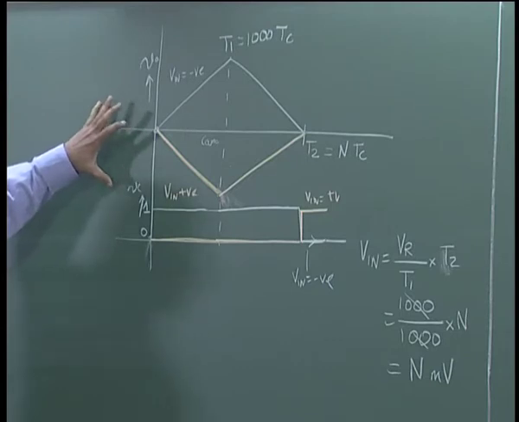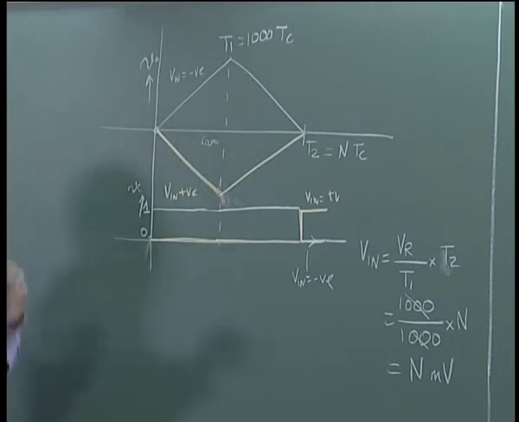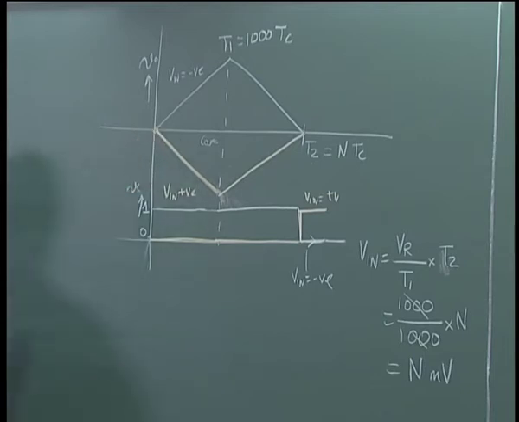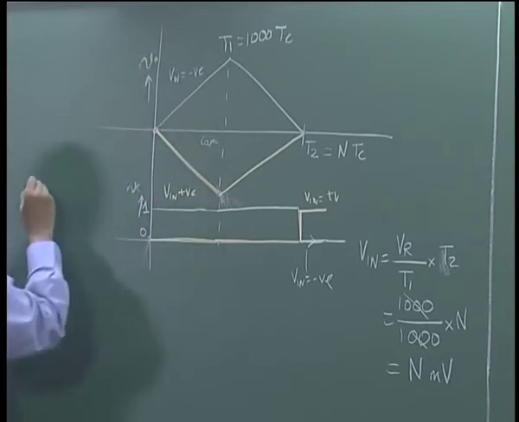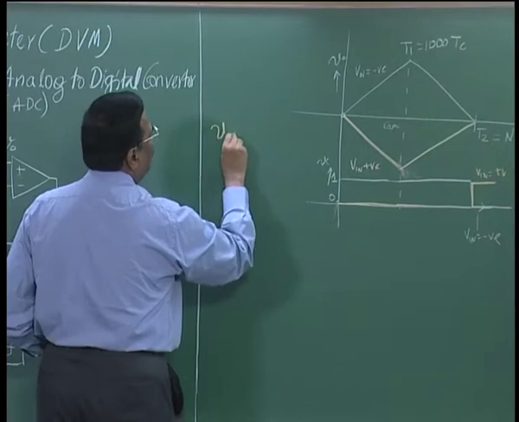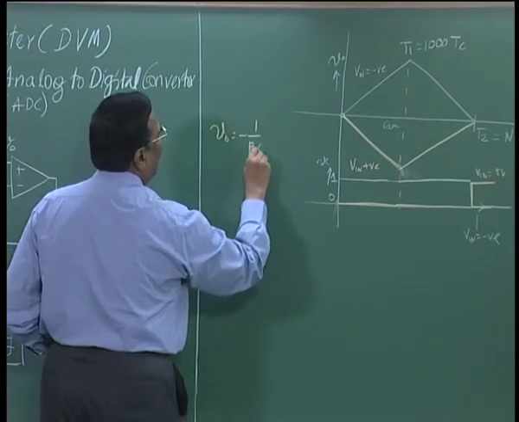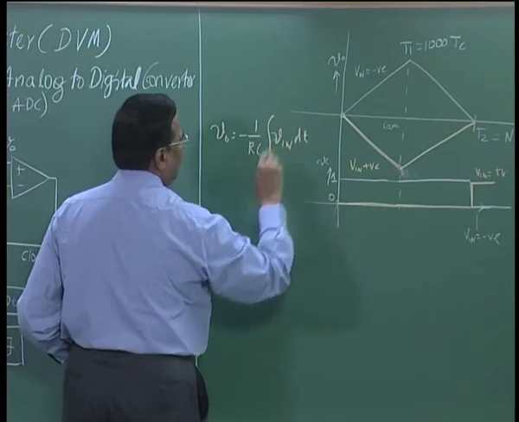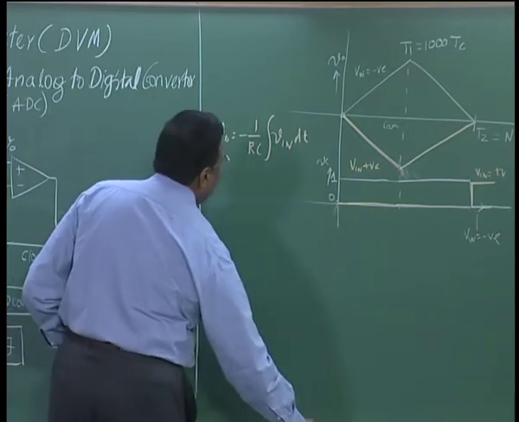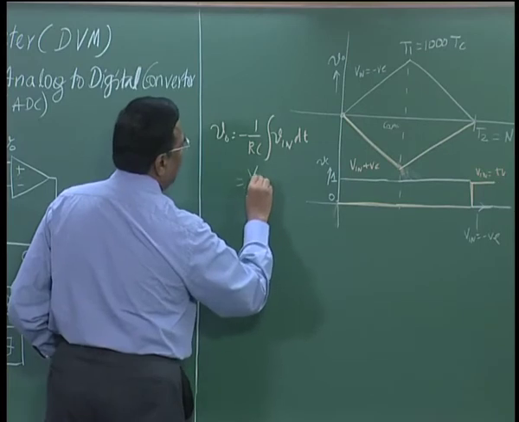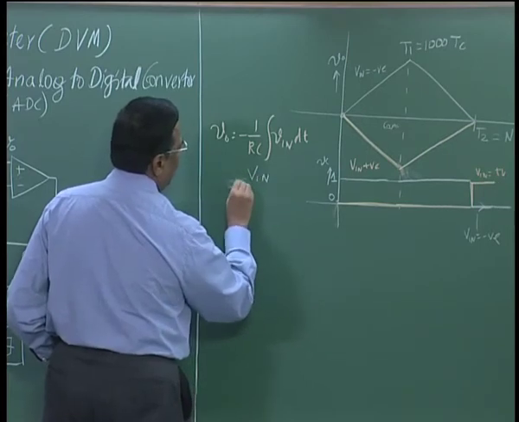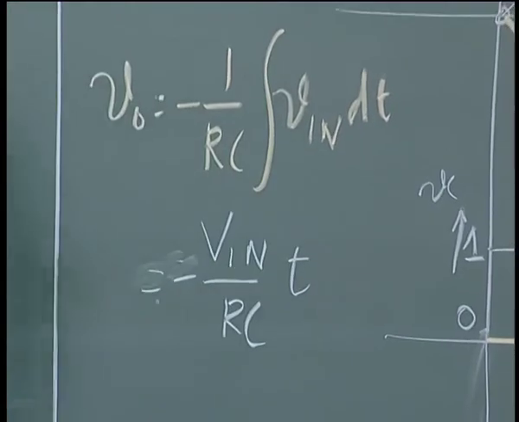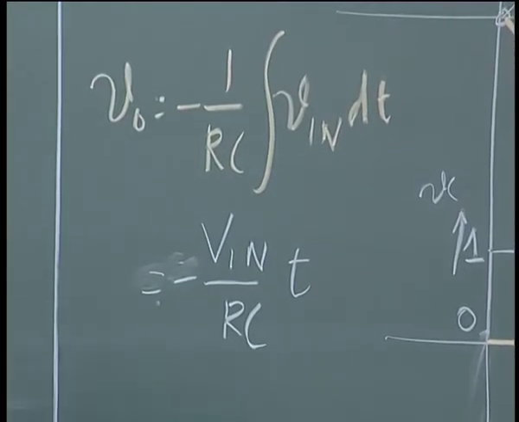We did not really look at the output V naught. V naught would be minus 1 by RC integral V in dt, and then we put this as minus V in by RC into T. When can I do that?